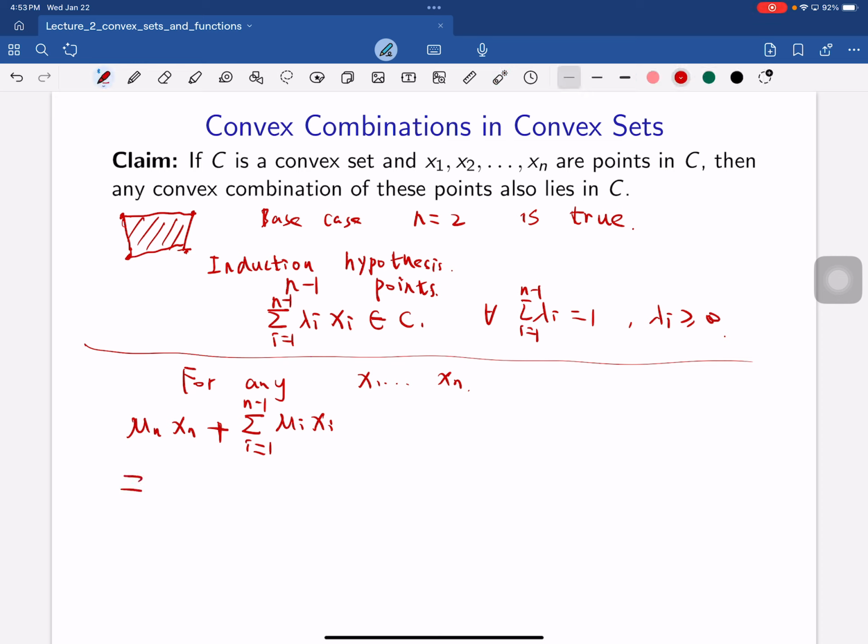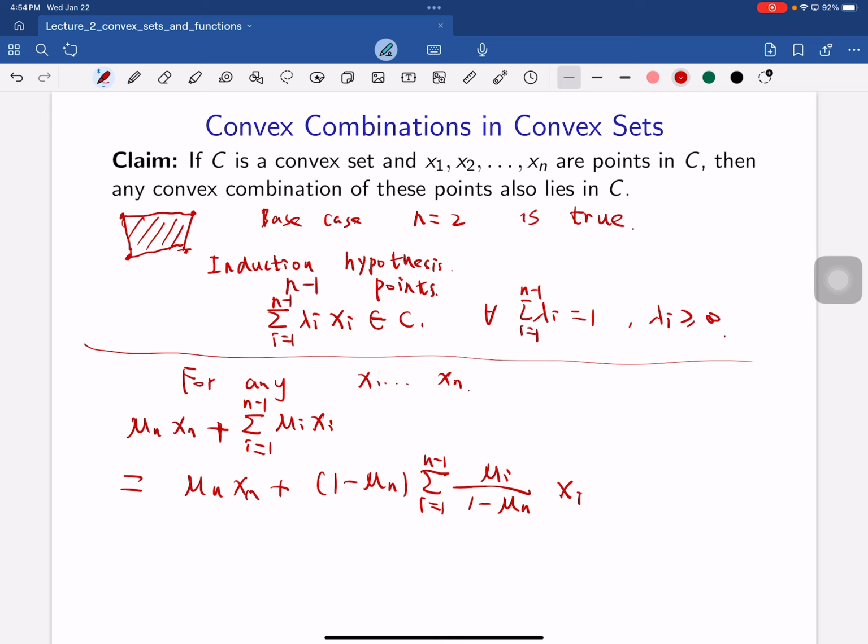One of the things you could do is, let's say you take mu_n x_n plus, let's say you multiply by 1 minus mu_n, and then the sum from i equals 1 to n minus 1 of mu_i, divided, because you multiply by 1 minus mu_n, you also divide by 1 minus mu_n, times x_i, right?